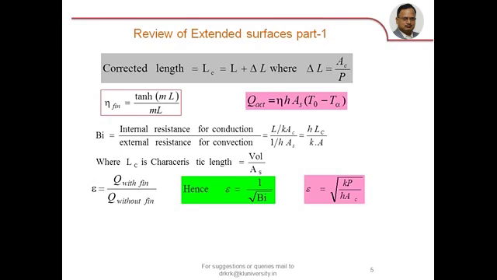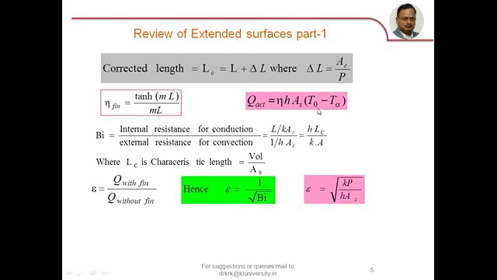So when the entire fin is at its base temperature, the heat transfer is maximum and is given by the formula h into total surface area into (T naught minus T infinity), because we are assuming that the entire fin is at base temperature T naught, the rate of heat transfer is maximum. In practice, as we proceed along the length, we know that the temperature will not be constant.